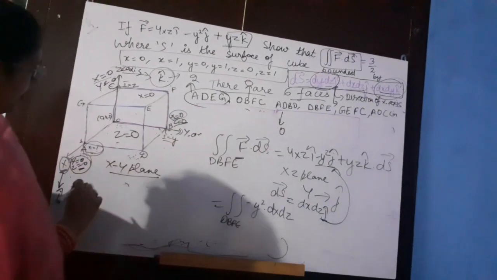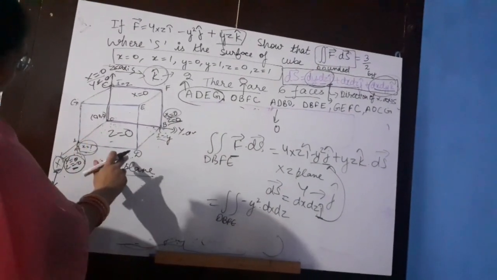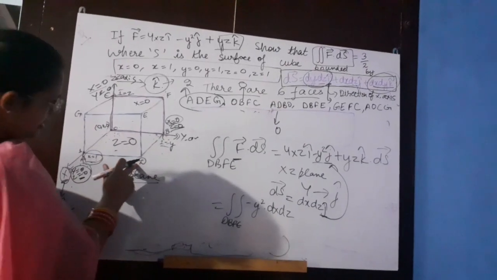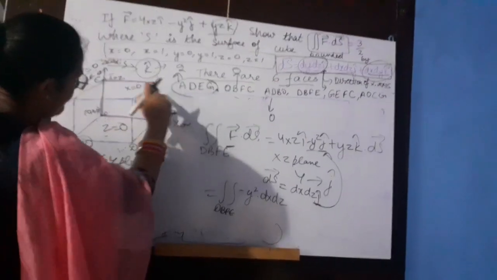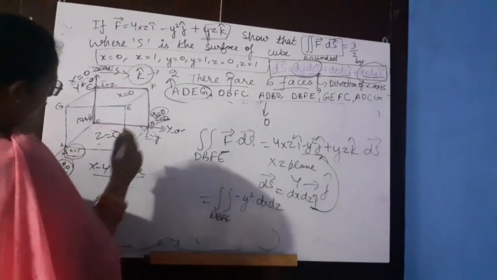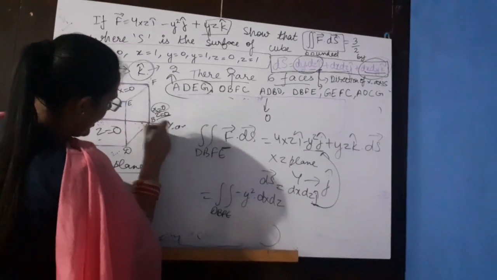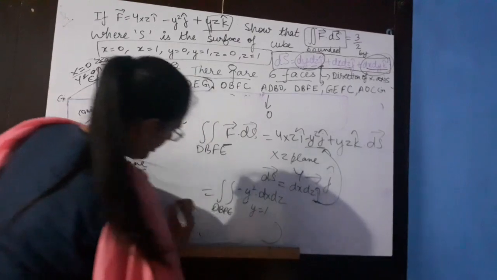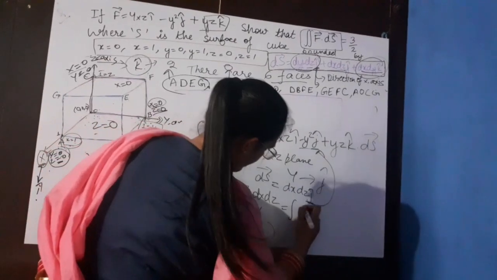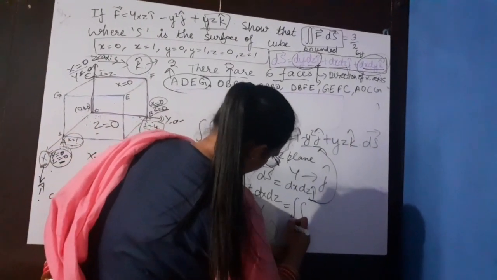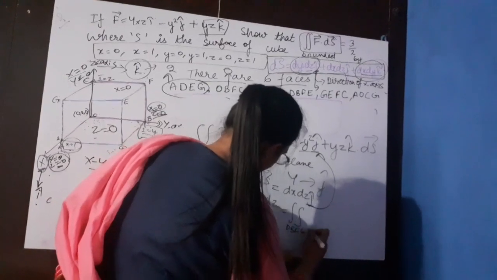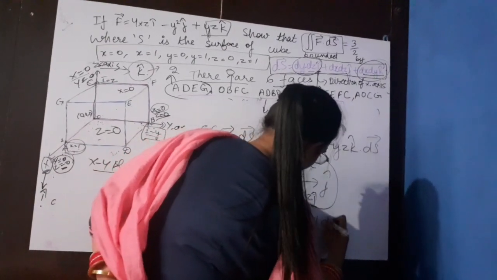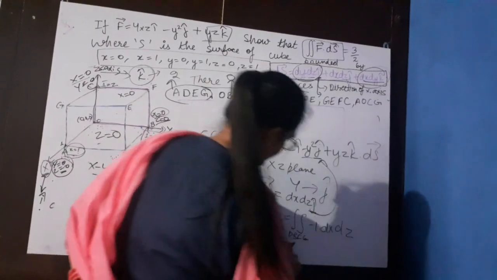In the face DBFE, the value of y is equal to 1 at point B. So when we put y equals 1, we get the integral of minus 1 dx dz.